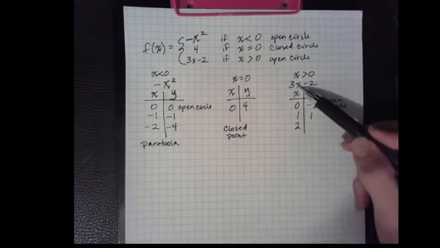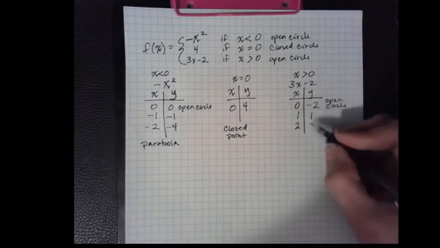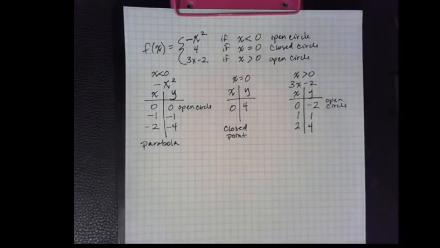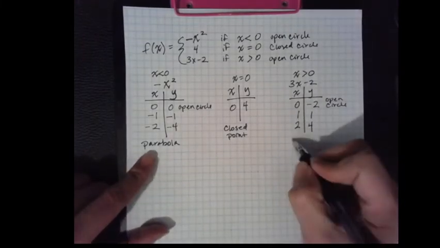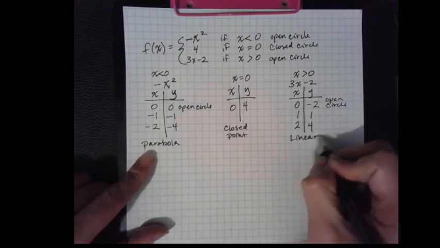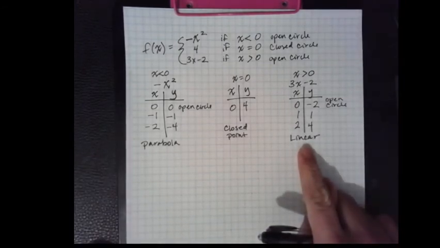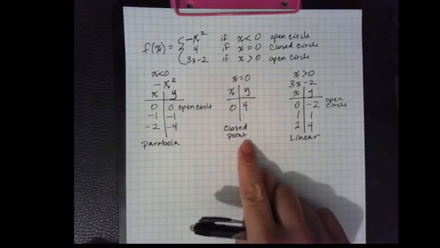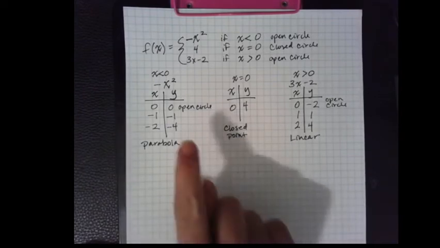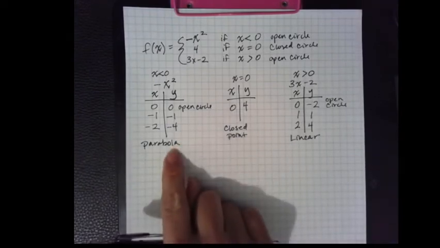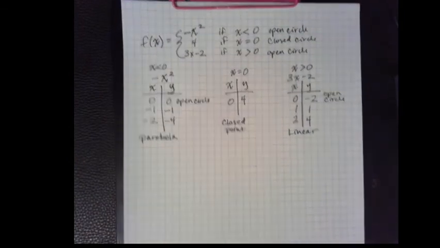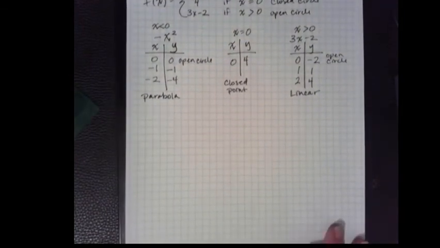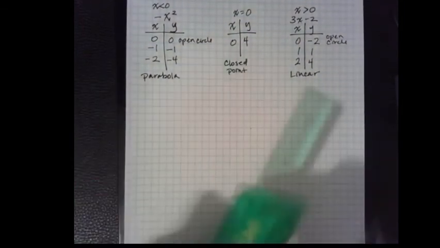Plugging 2 in for x, I have 3 times 2 is 6, minus 2 gives me 4. Okay? And this is linear. So on this portion of the graph, we'll have a straight line. This portion will have a closed point. And on this portion, we'll have part of a parabola. Now that we have our t-charts done, we can go ahead and graph this function.